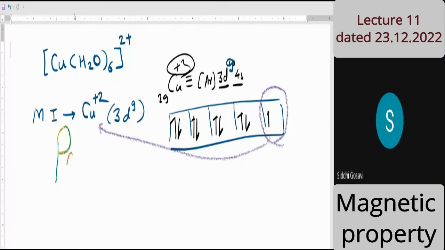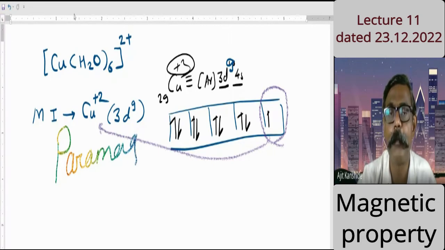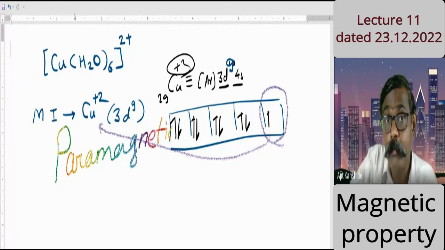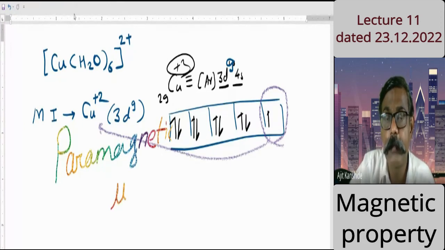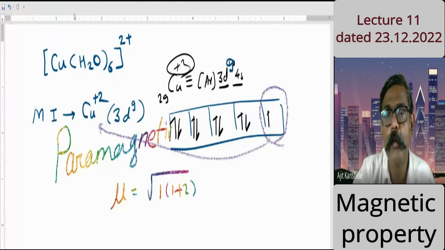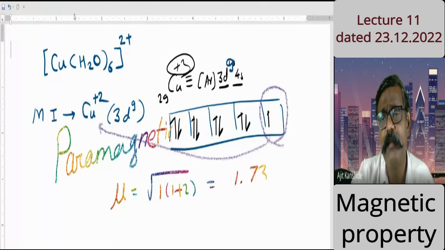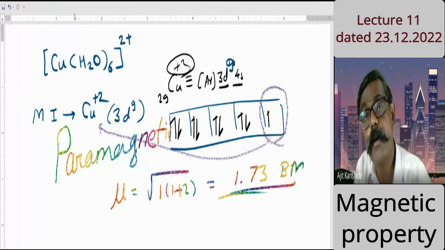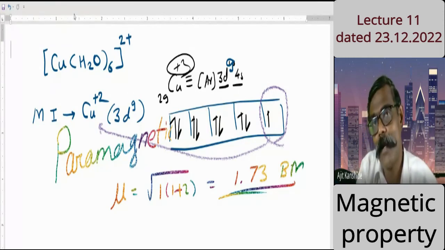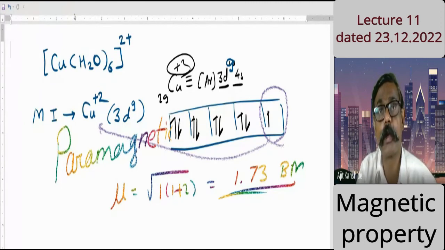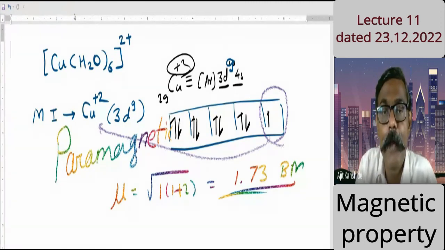It's an application of today's learning. But up to what extent? What exactly is the magnetic moment? Mu is equal to square root of 1 into 1 plus 2, which is equal to 1.73 Bohr magneton. It's an approximate prediction. Qualitatively you can say it's paramagnetic or diamagnetic, and quantitatively you can also answer what its magnetic moment can be.